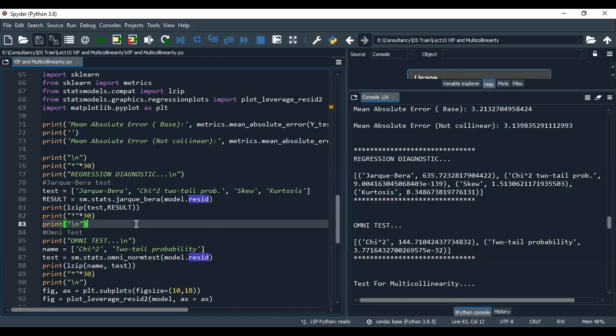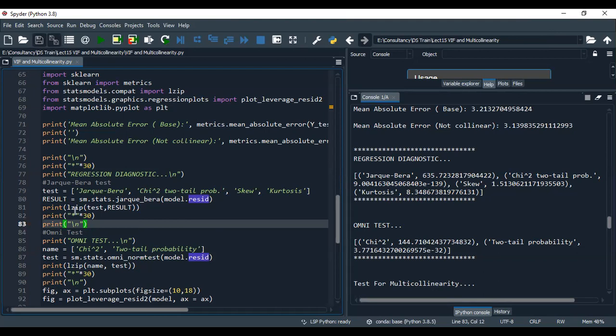If you zip A and B, it will create ordered pairs, taking the first element from A and the first element from B, like 1 comma Hari. The next ordered pair would be the second element from A and the second element from B, that is 2 comma Ravi. So this is the zip.